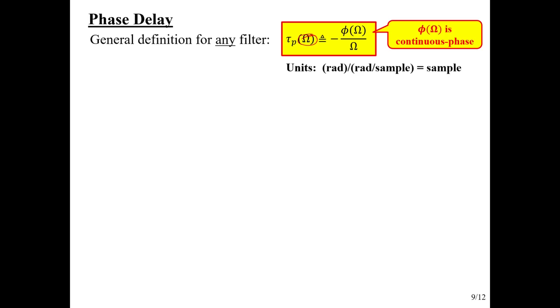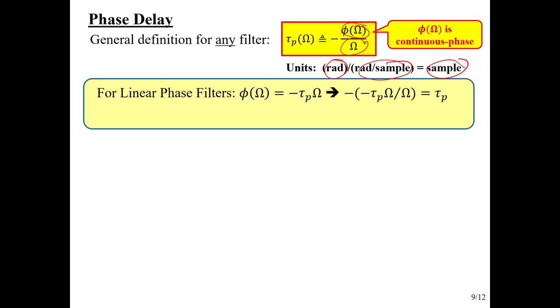That's because it was a so-called linear filter. But to find it in general, we take whatever the continuous phase representation is, divide it by the omega value, and we stick a negative out in front. And then just for units, this is radians divided by radians per sample, and we get samples. So the phase delay can be a function of frequency in general.